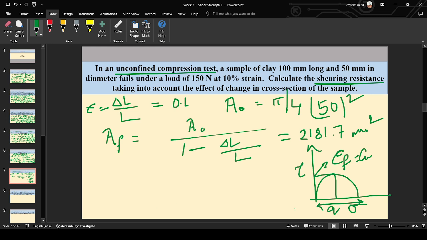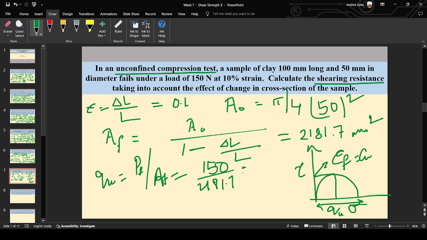So for that, first of all, you have to find out the compressive strength, or the compressive stress at failure. What will it be? It will be the load at failure, Pf, divided by the area at failure, Af. What is the load at failure? Pf equals 150 Newton divided by 2181.7.